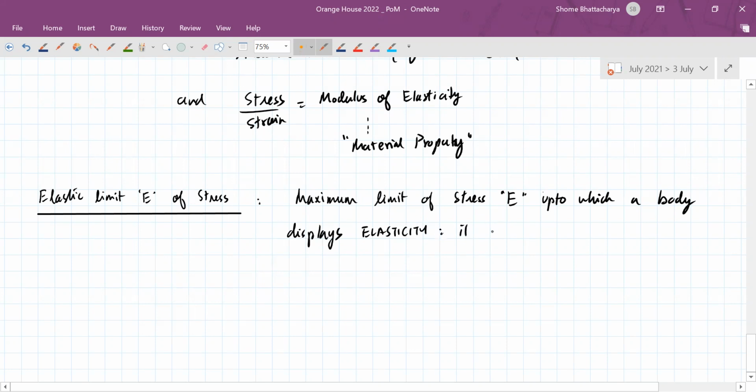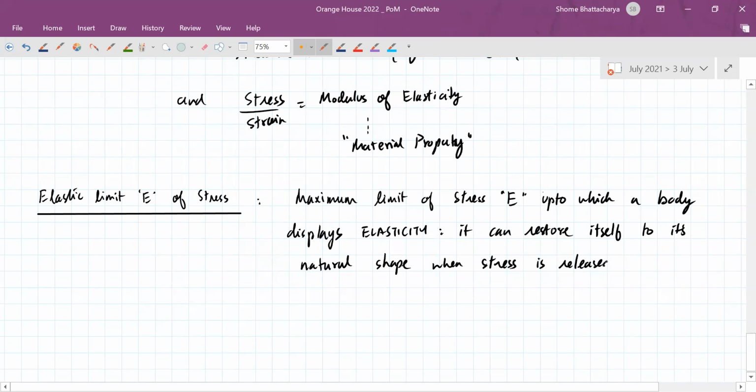That is, it can restore itself to its natural state or shape when the stress is released.